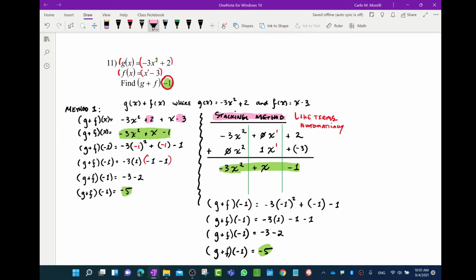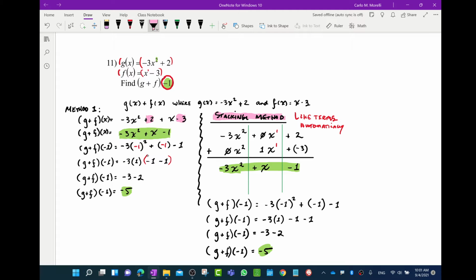Here's one thing that I absolutely do not recommend that you do. Notice that in both of these methods, the first thing I did was add the 2 functions together as functions of x.